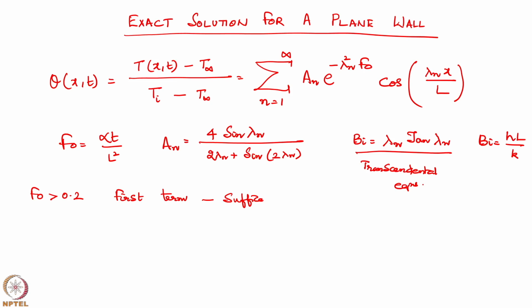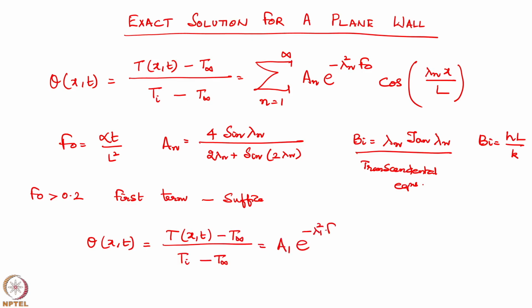In that case, for a plane wall, theta of x comma t, which is T of x comma t minus T infinity divided by Ti minus T infinity, is equal to A1 e to the power of minus lambda 1 squared Fourier number cos of lambda 1 x by L. So one term is sufficient to solve the problem.